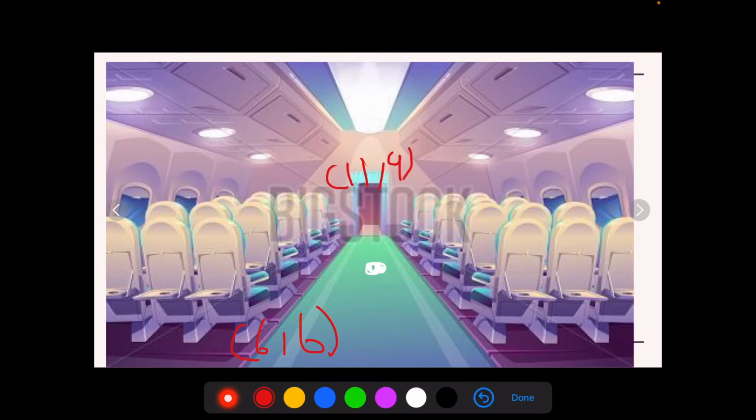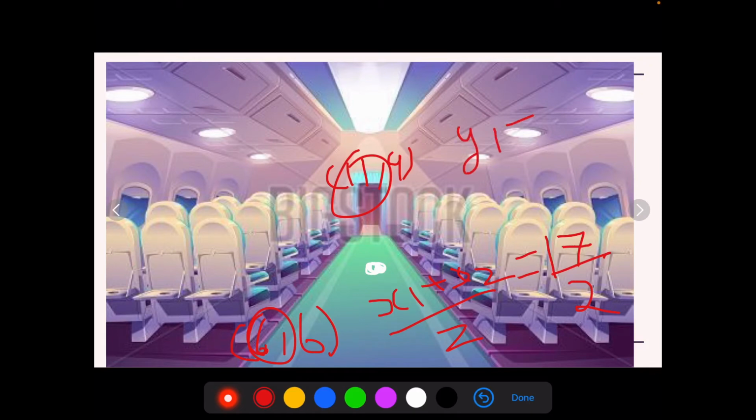So this is x1, this is x2, so we have x1 plus x2 divided by 2, which is 11 plus 6 divided by 2, that is 17 divided by 2. And for the y coordinates, y1 plus y2 divided by 2, that is 6 plus 9 divided by 2, that is 15 by 2.